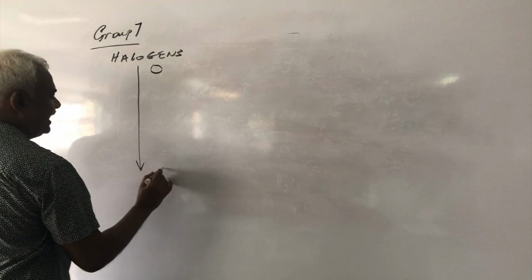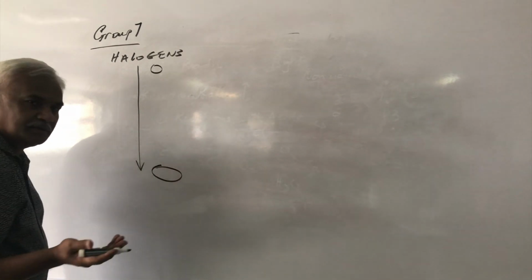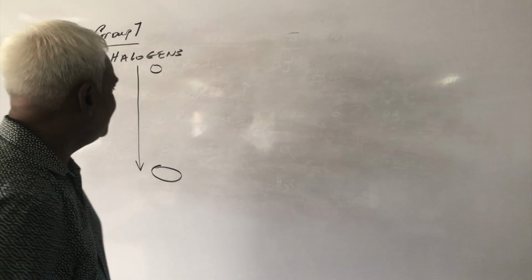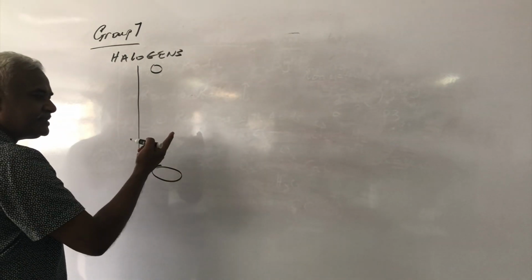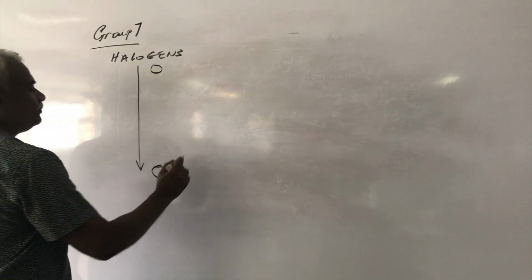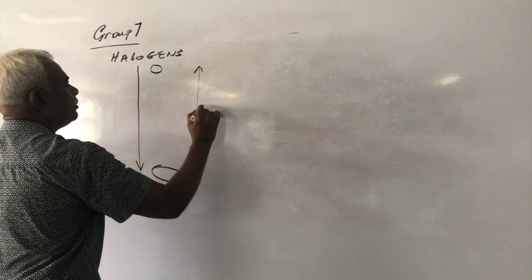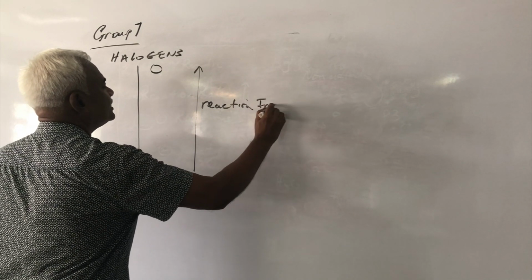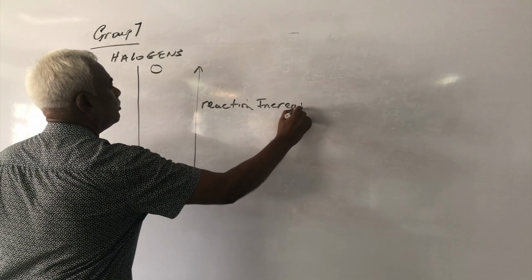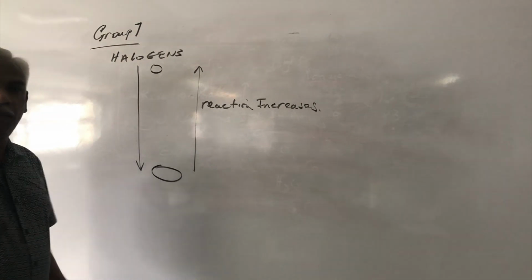The size of the atom increases. Why? We have more shells, obviously, and so the size of the atom increases. But the reverse takes place here as we compare it with group 2. As we go up, reaction increases.